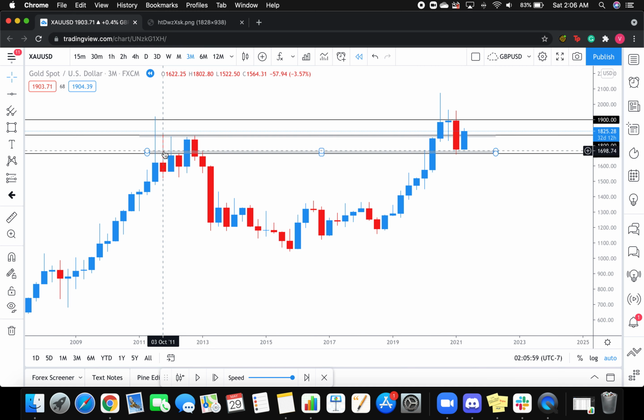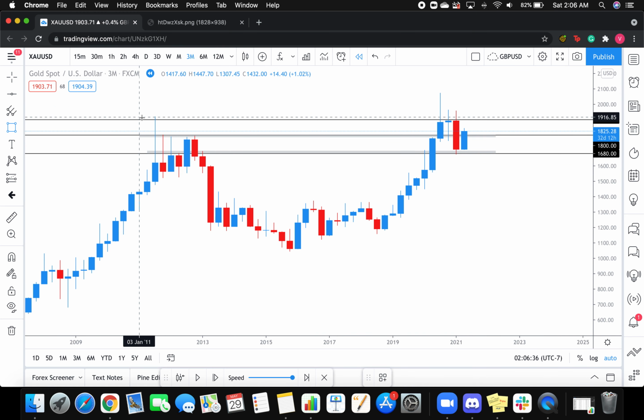This 1680 level is that resistance zone while this consolidation was forming until 2013 when we started breaking below 1680, came back down to consolidate down here, which on the yearly time frame we saw as the new higher low. And after price broke above 1680 in 2020, it came back down in 2021 to respect it as a support. So now the zone that was respected as a resistance previously is now being respected as a support.